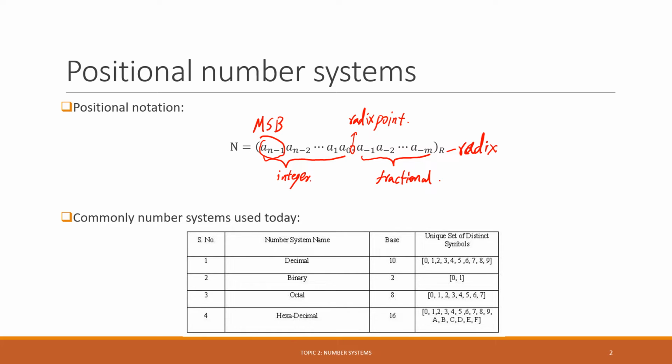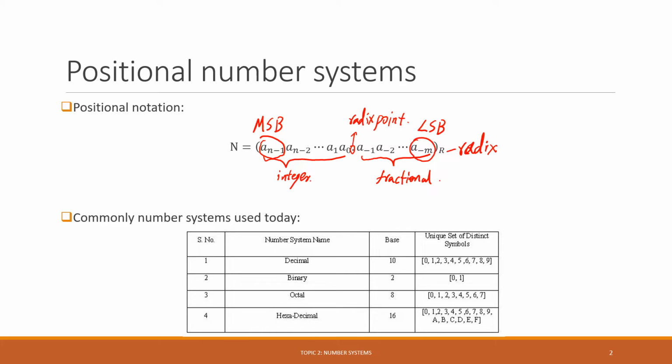And the rightmost bit, in this case a minus m, we call the least significant bit, or LSB. So when the MSB changes, the value of the number changes a lot, but when the LSB changes, the value of the number changes a little bit. Okay, so those are some important terms about a positional number.